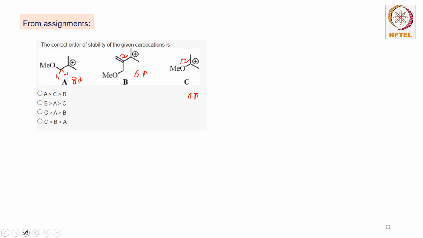So the correct order will be B, A, C, because it has 6 pi electrons.